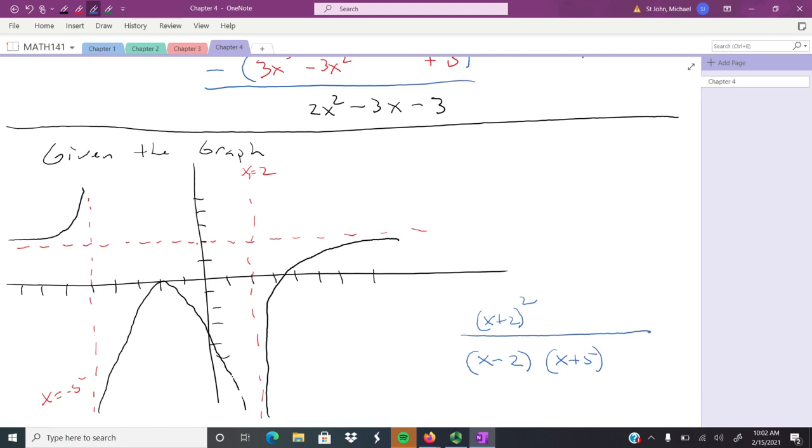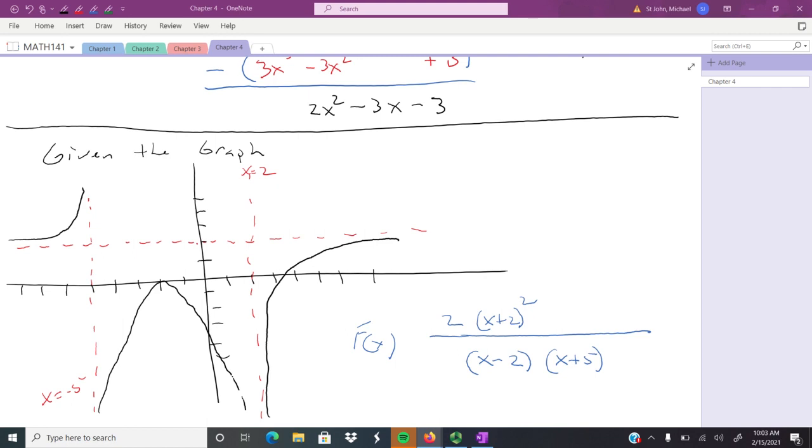Right? We know the degree on the top has to be equal to the degree on the bottom, right? But we want to have an asymptote at 2, so we want to have a 2 out front. So far we have something like that going at the moment.